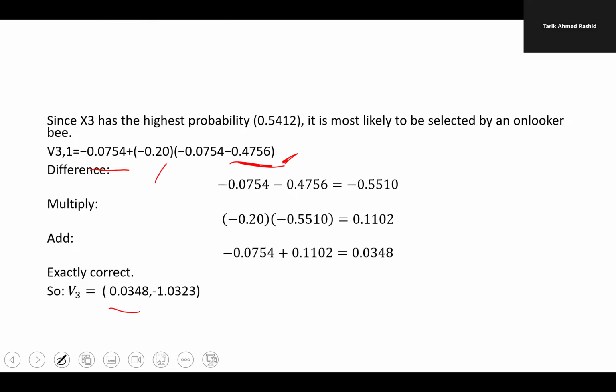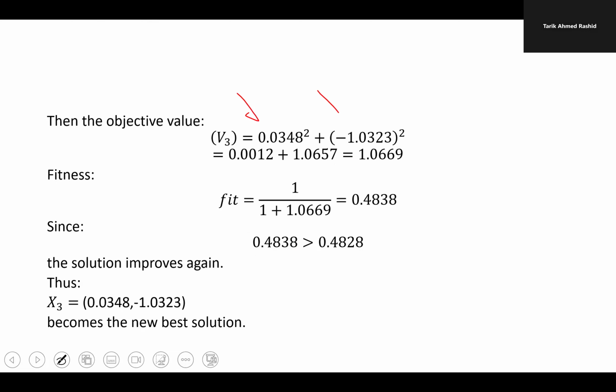Now we will get new updated 0.0347 and minus 10323. Plug them into fitness function and plug them into this function. Now you'll see again the results 0.483 is greater than 0.828. So this is again an improvement. So it means that this is the best solution that we have.